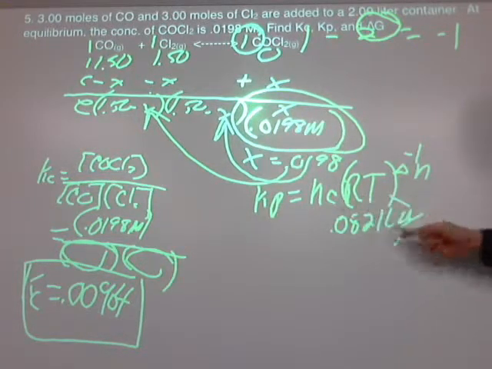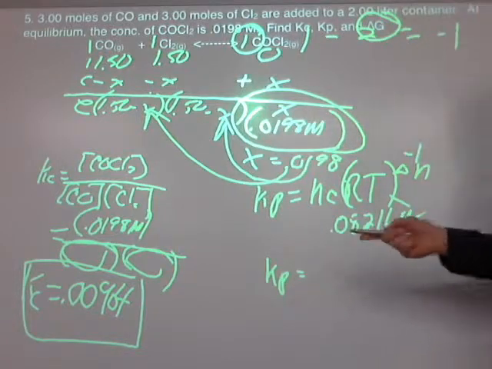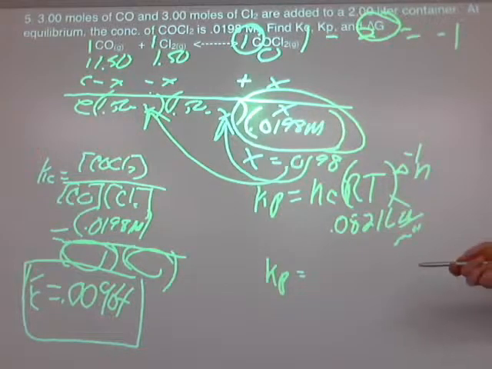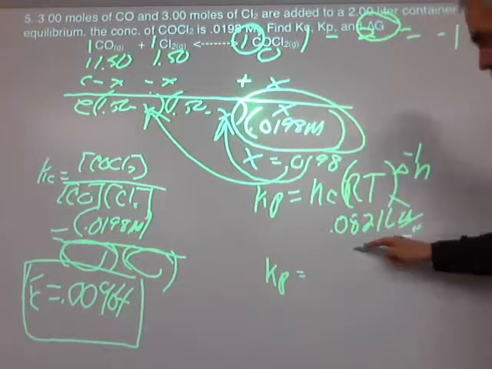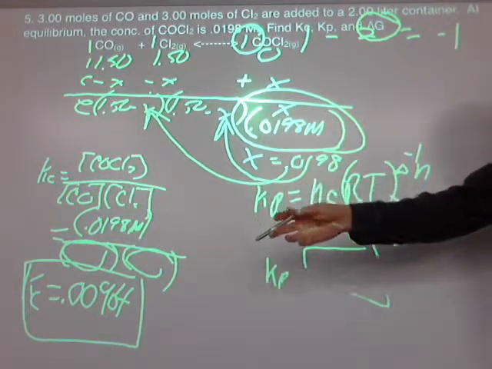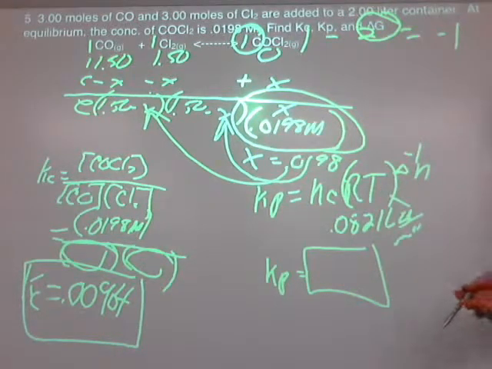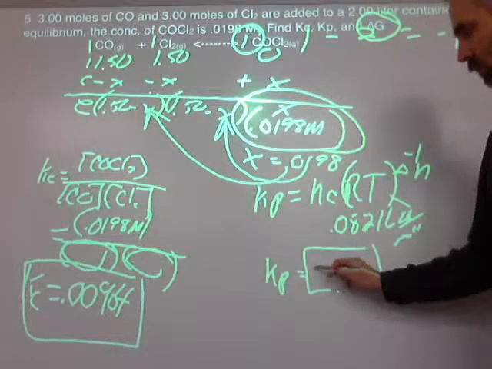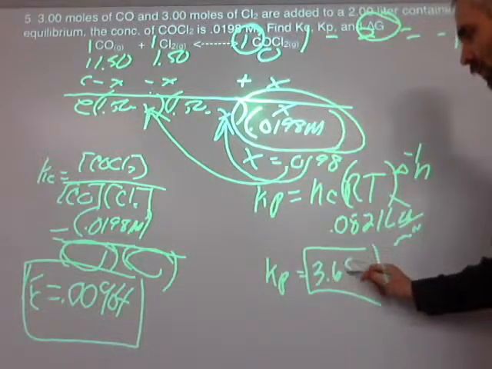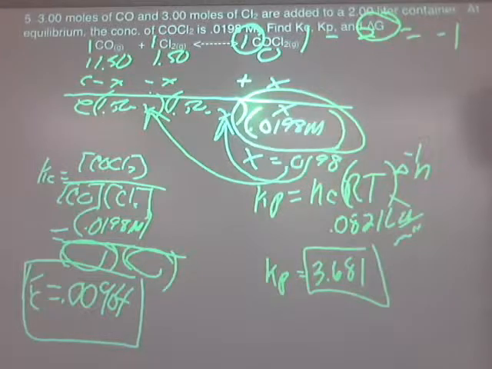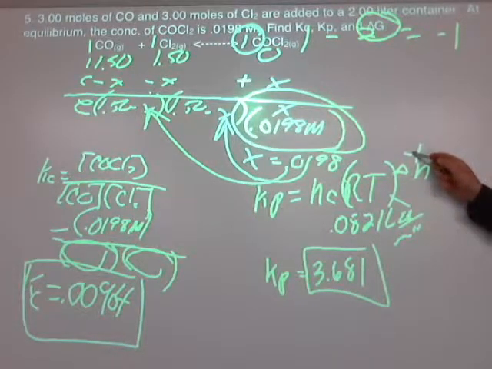So you would plug all this in. Did anybody get what Kp is for that? If you plug in Kc, 0.00904, times RT to the negative first, which is basically the reciprocal of that, what'd you get? Because you remember, to the negative first power means the reciprocal.